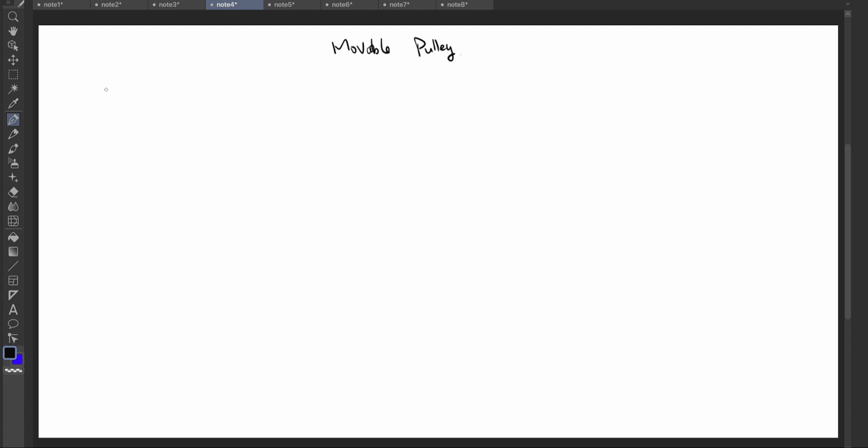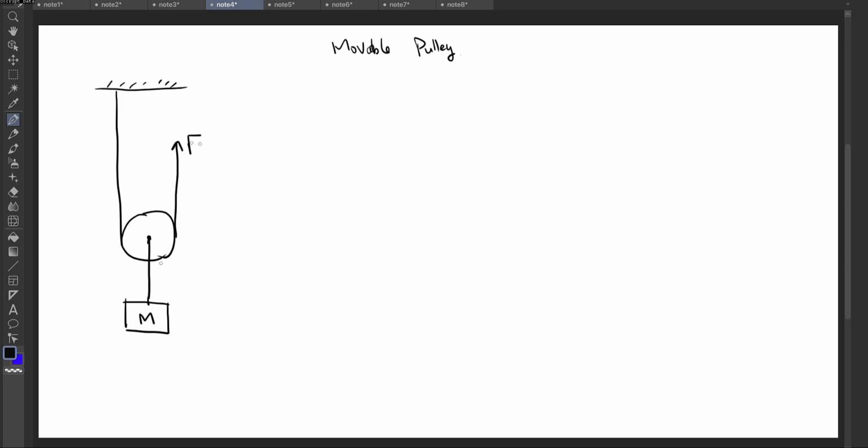So now what's the movable pulley? Let me first draw a picture to build such a device, and then we can talk about the property of it. So now let's say a string is tied to the center of the pulley, and then there's an object hanging here, and there's a pulling force F on the right side.